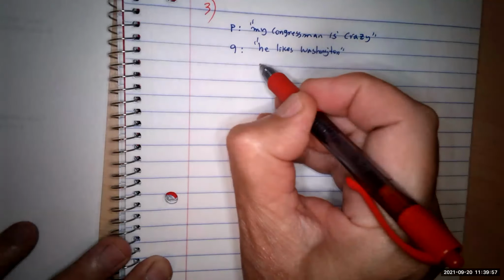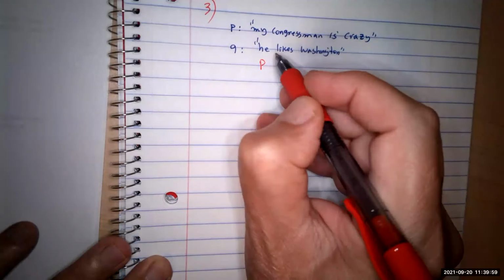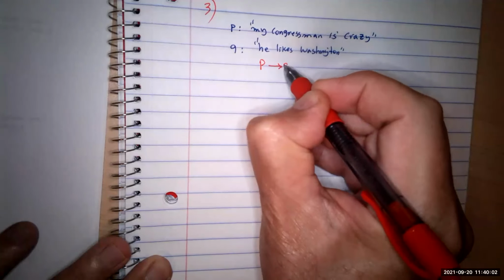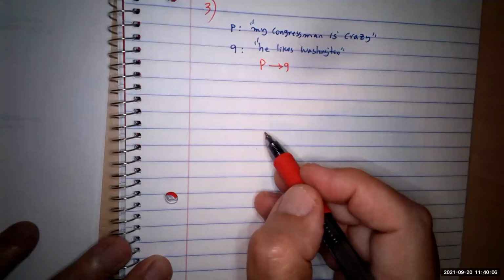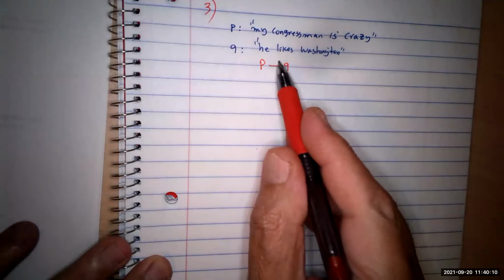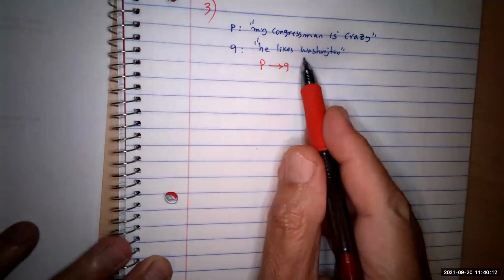So the first expression is that my congressman is crazy, so he likes Washington. So this is going to be if P then Q. And the second part is that he likes Washington.